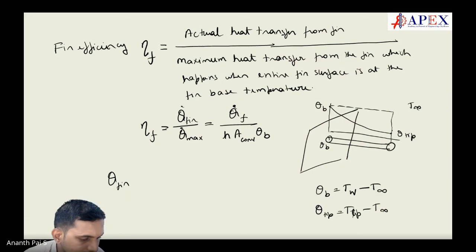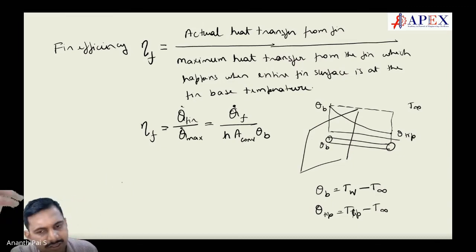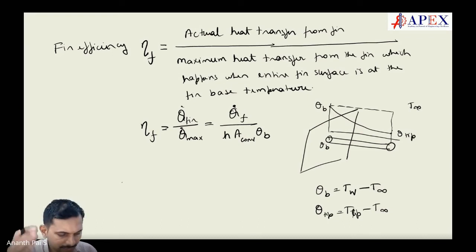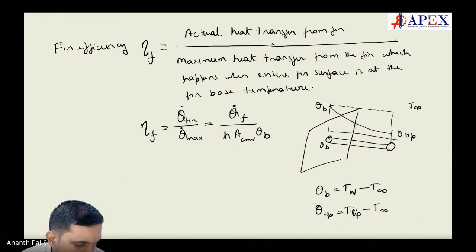Just a second. Now all these things I will not do. For each case you can calculate that. They have calculated for each case, but we will not do that.